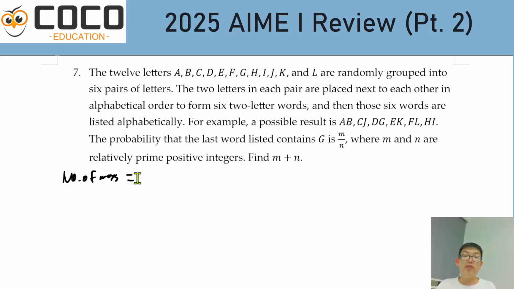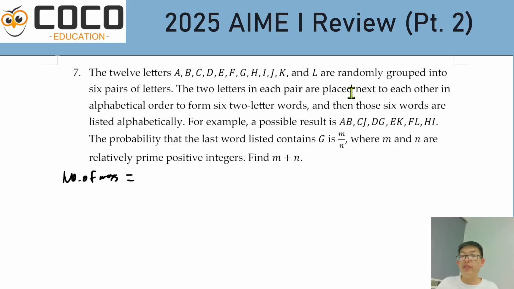If you say that I am going to do 12 choose 2 times 10 choose 2 times 8 choose 2, blah, blah, blah, this is already wrong. The reason is that if you do this, you have basically decided on a first pair, a second pair, a third pair, and so on. But when I said randomly grouped, I am not yet concerned with the order of the letters or the order of the pairs of letters.